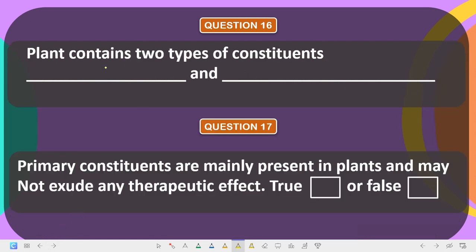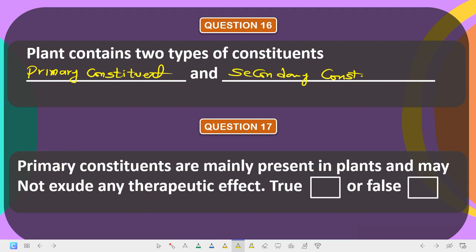So the plant contains two types of constituents: we have primary constituents or metabolites, and then we have the secondary constituents or metabolites.